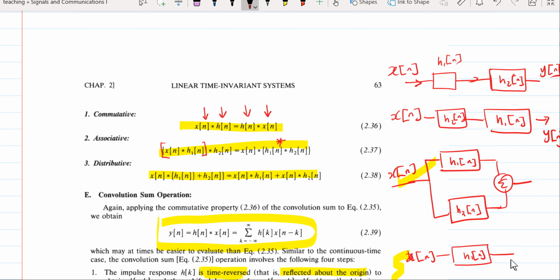It will just appear as if you are adding them after you have worked out the convolution for each entry. So x of n enters h1 of n and h2 of n, and you sum these two; the result is actually the same.